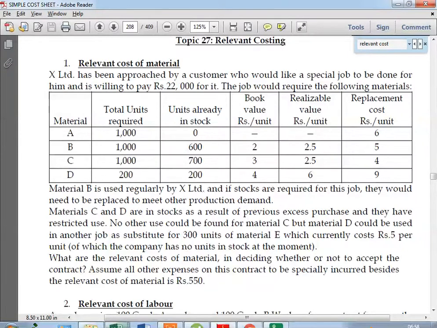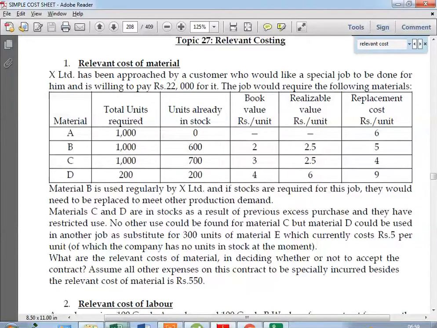Material B is partly in stock. Full stop. For the out of stock portion, the relevant cost is replacement cost. Full stop.